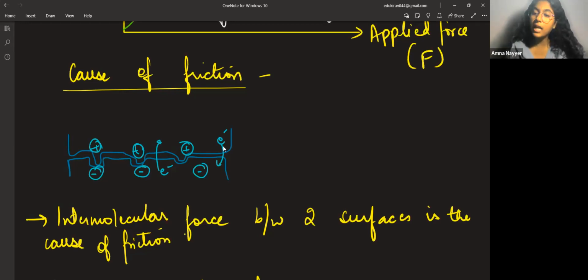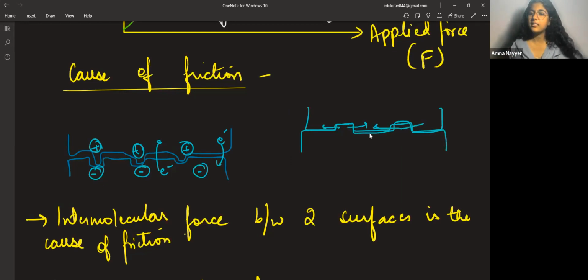All right. Basically, it's the irregularities. They become interlocked to each other. And when they are continuously locked like this, right? They are locked like this. But when they move, these irregularities rub against each other, and that leads to production of heat as well.